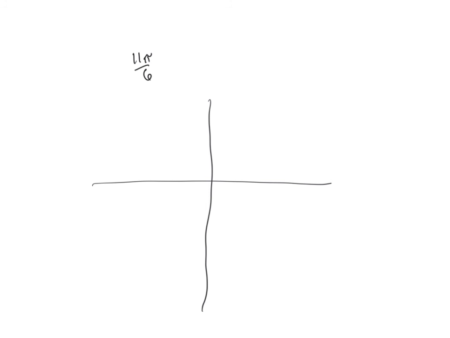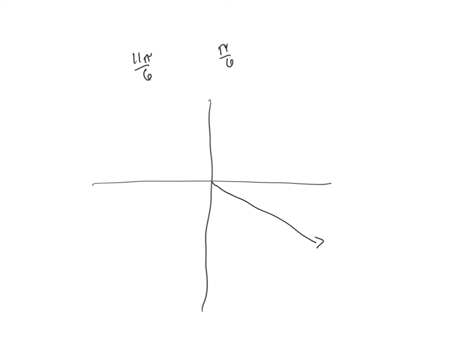I know that 12 over 6 is 2 pi. So it's not quite 360 degrees, right? So I know it has to be somewhere here. 11 pi over 6 only has a 6 left, pi over 6. So my reference angle here is pi over 6.